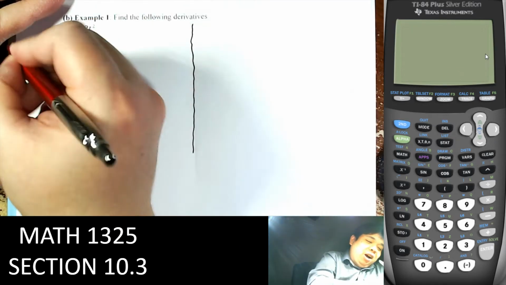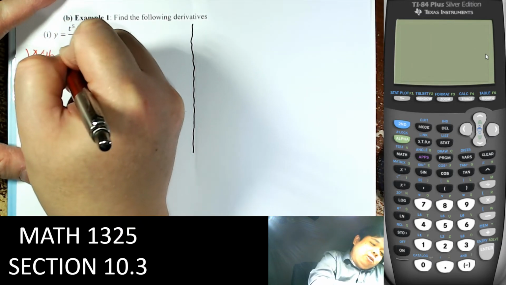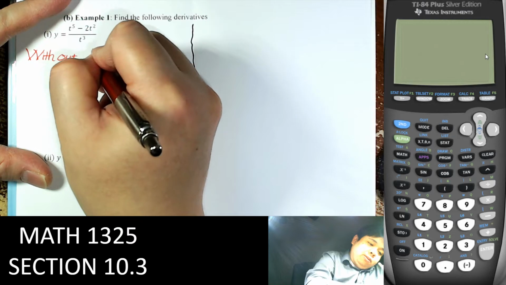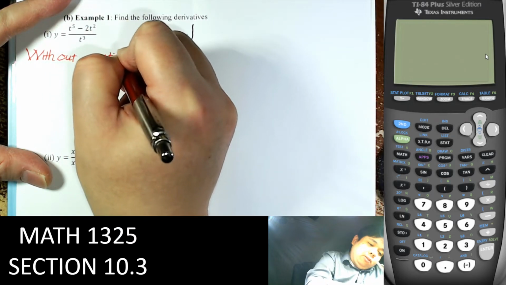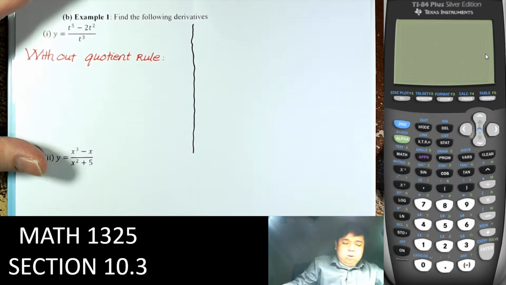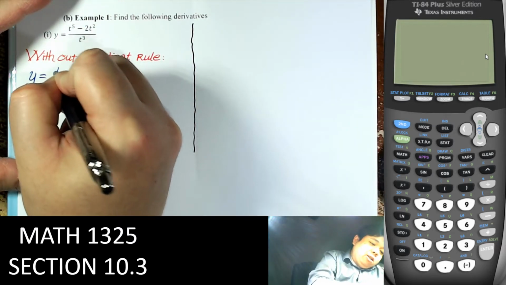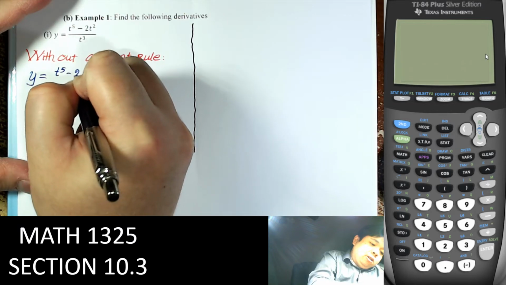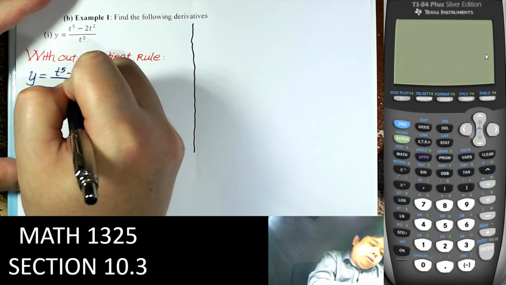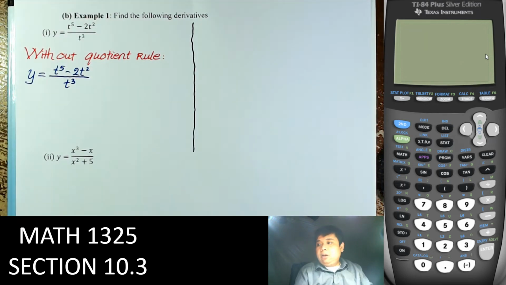Let's say without the quotient rule. In that case, just simplify the function first.